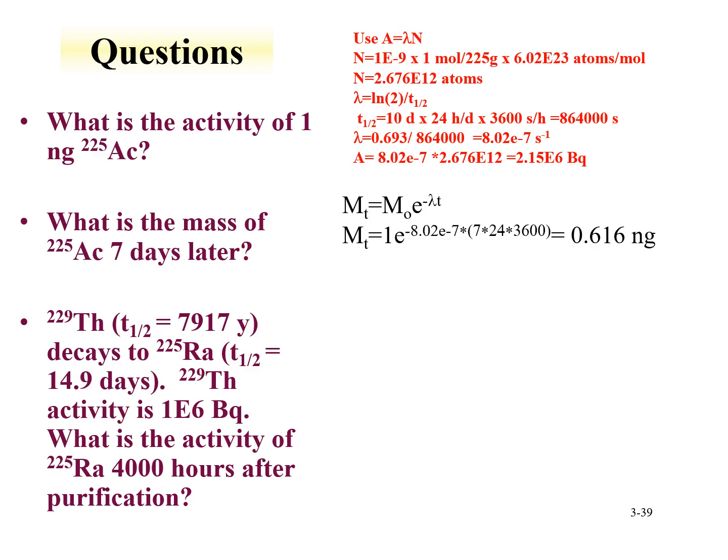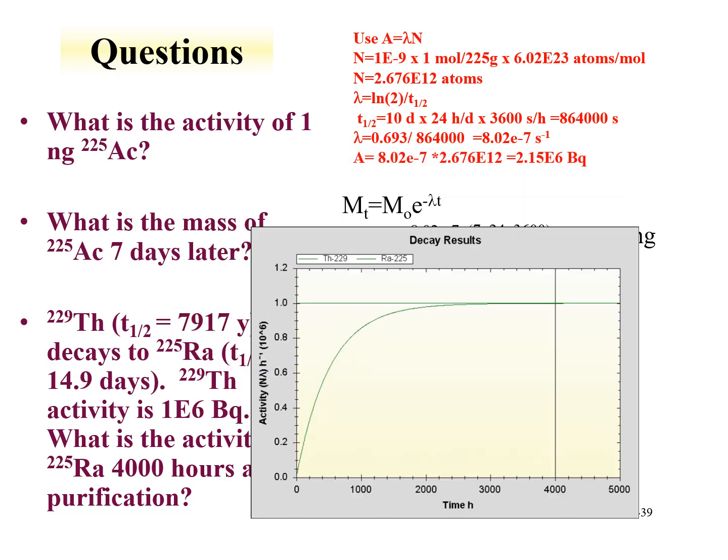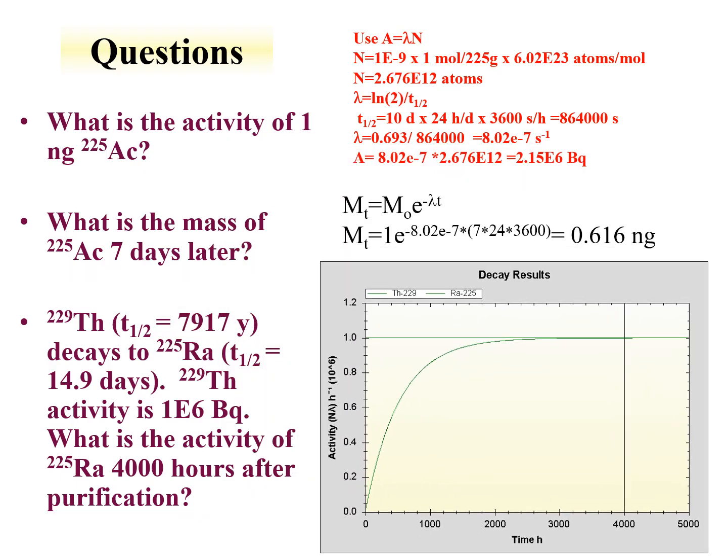One starts off with no progeny. The sample contains only thorium-229. It starts decaying, and at 4,000 hours after the purification, it's reached equilibrium. So we see that the radium grows in, and you can determine that at this point the activity of the radium is equal to the activity of the thorium.